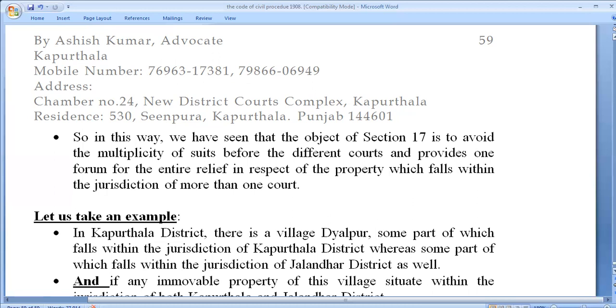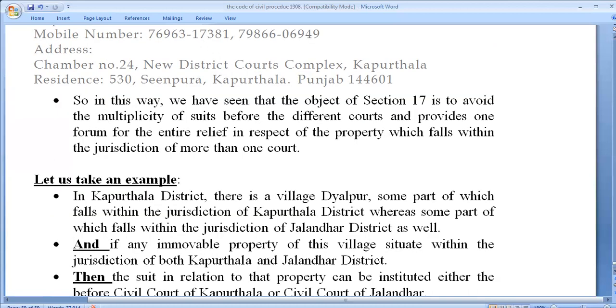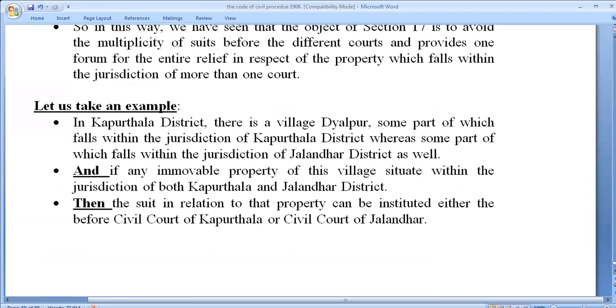So to make it simple, let us take an example in which section number 17 can be applied. In our Kapurthala district, there is a village Dayalpur, some part of which falls within the jurisdiction of Kapurthala district, whereas some part of this village falls within the jurisdiction of Jalandhar district as well.